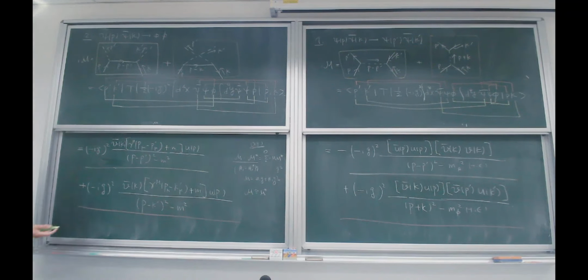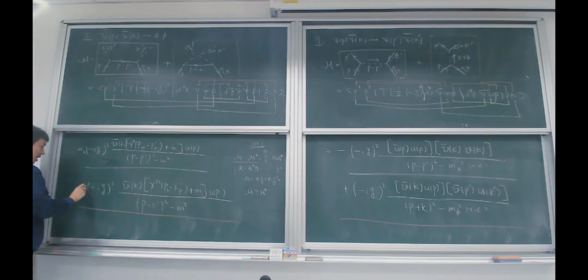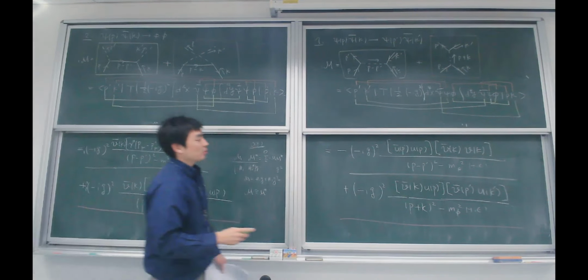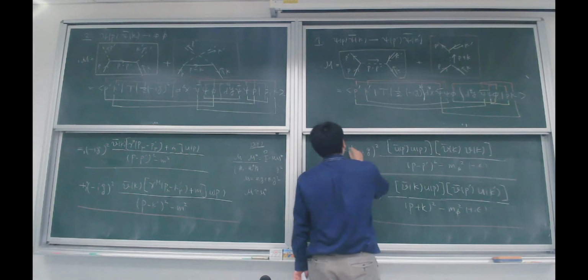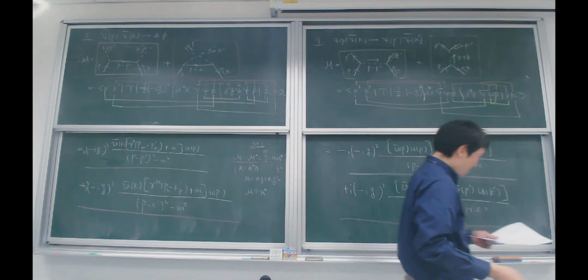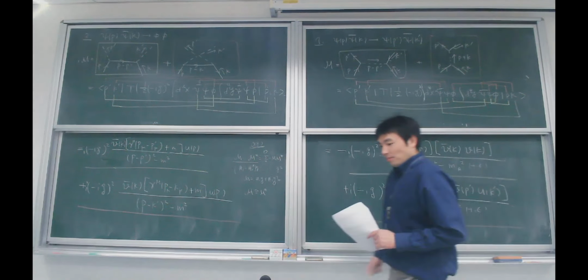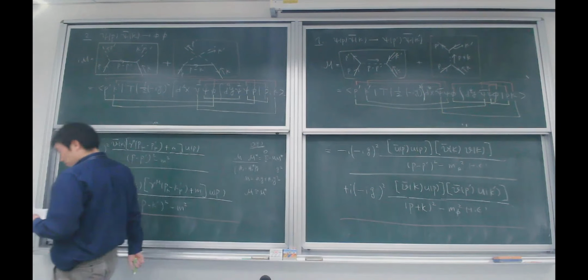The propagator should have an I, so you have to multiply by I. And here also the propagator should have an I, and the previous one should also have I. Okay, so that's the correction.